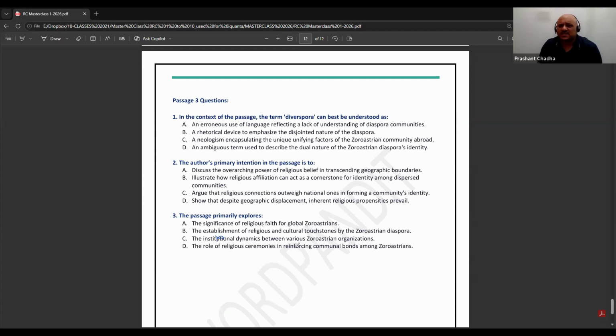No, the role of religious ceremonies in reinforcing communal bonds among Zoroastrians. No, it's not about the Parsis and their bonds. The significance of faith in Zoroastrianism. No, this is just about how these cultural centers are made and how people come together in these cultural centers. So hence option number B.